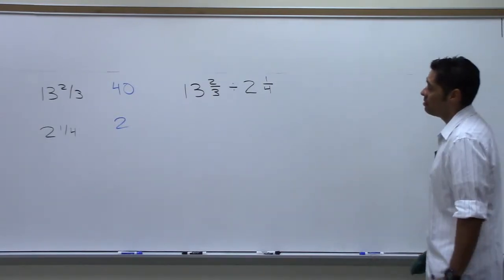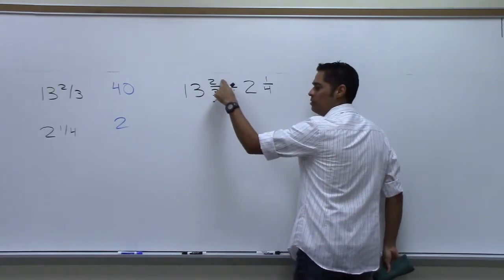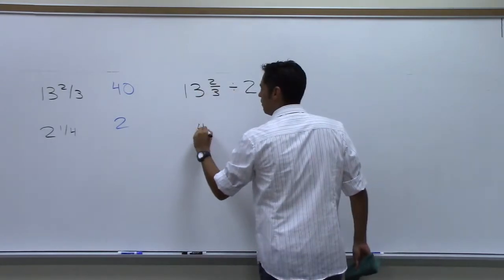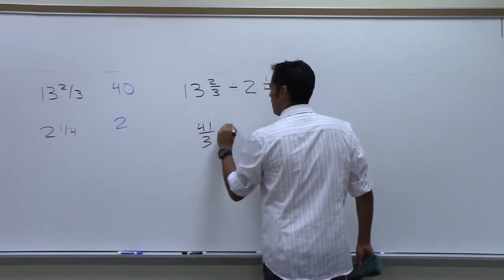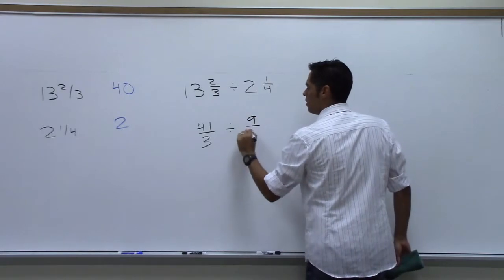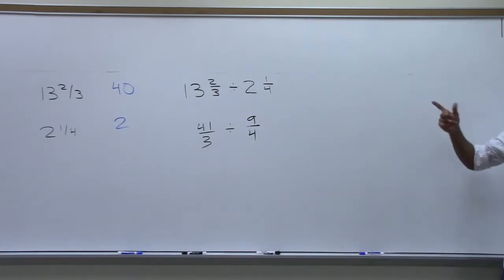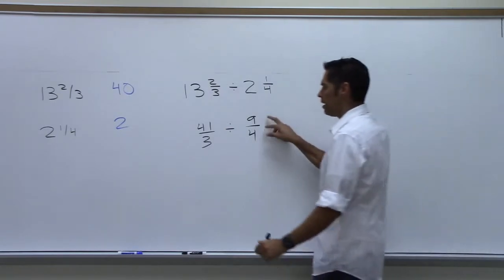All right, so we're going to do this division. First, we have to convert this over. So 13 times 3 plus 2, 41 over 3. Divide that by 9/4. Good. And because this is division, we have to flip and multiply, right? Flip the second one.